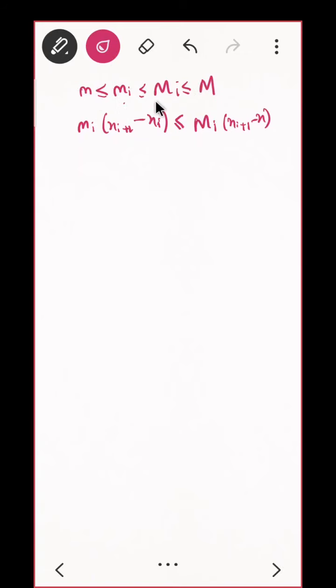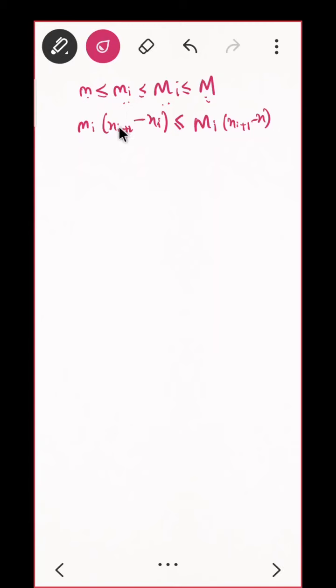What is small mi, what is capital Mi, what is capital M, small m? Can somebody say something about this? Perfect, very good, Atharv. In the terms of small mi and capital Mi the interval is xi to xi plus 1, and in the case of small m and capital M it is the whole interval A to B.